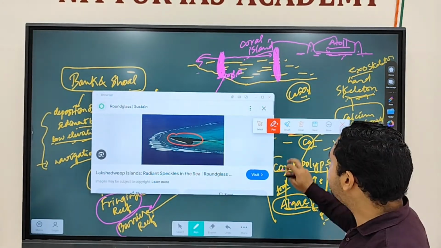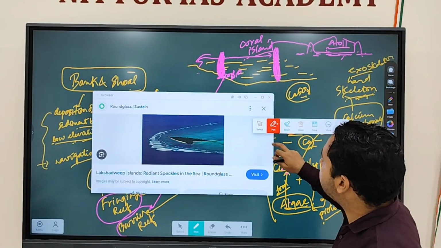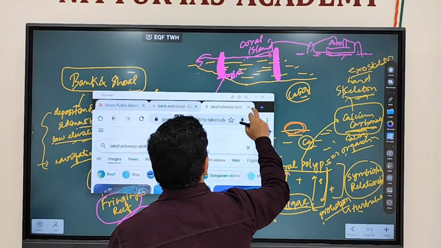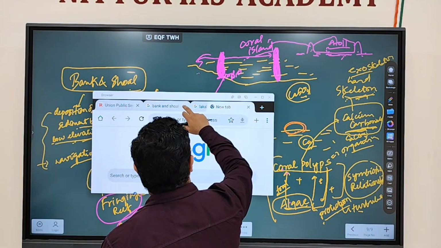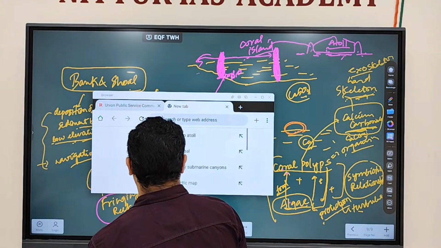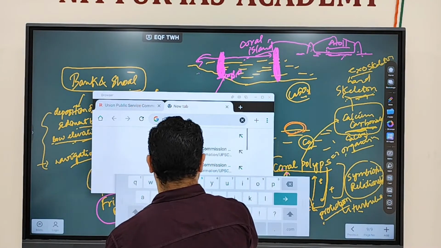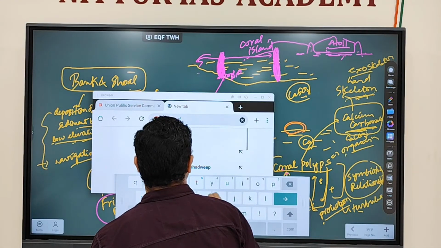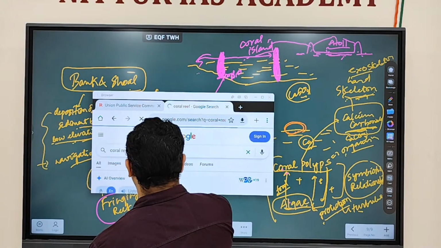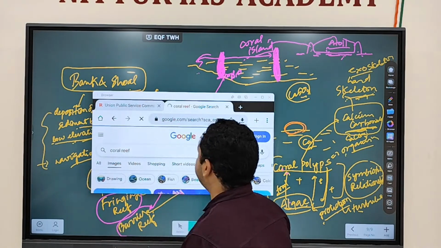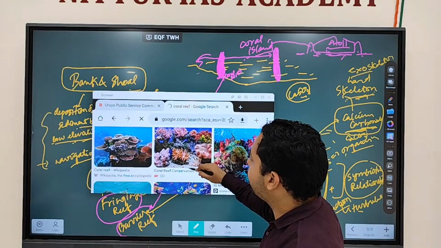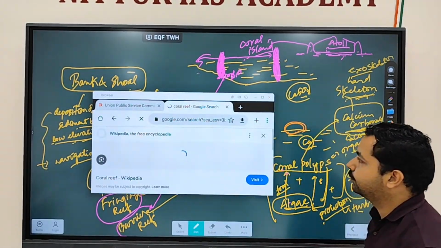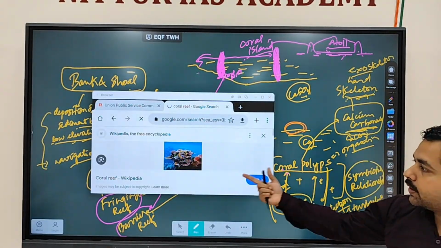Clear? Now if you see coral reefs inside the water, these are coral reefs that you are finding.